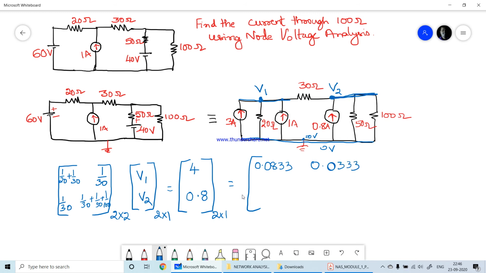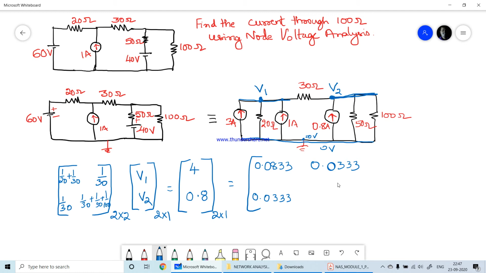Similarly, this is also 0.0333, whereas for this one, we get 1 divided by 30 plus 1 divided by 50 plus 1 divided by 100.